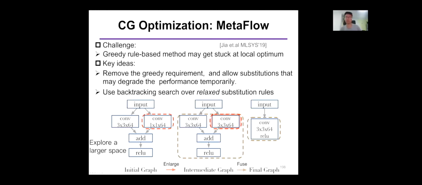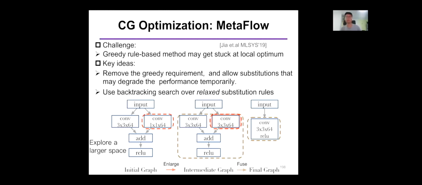To solve the problem, MetaFlow is proposed to establish a cost model to efficiently estimate the time usage of the computing network, considering statistics like FLOPs, memory usage, number of kernel launches, and so on. Unlike PyTorch, MetaFlow considers the rules with increasing cost in the intermediate computation graph to seek more optimization opportunities.